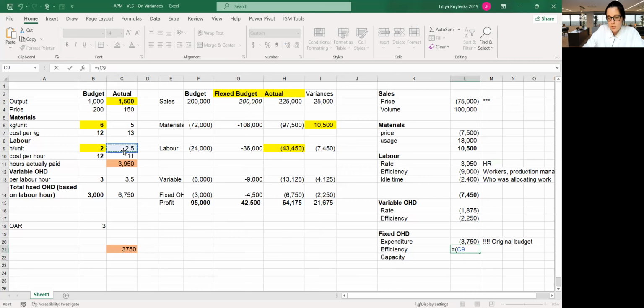Labor hours worked is 2.5 multiplied by 1500 minus whatever was budgeted, 2 multiplied by 1000. That is the difference in hours. Yes, so that is 1750. Now we will need to multiply that by the overhead absorption rate that we've got, and that is going to be 3.